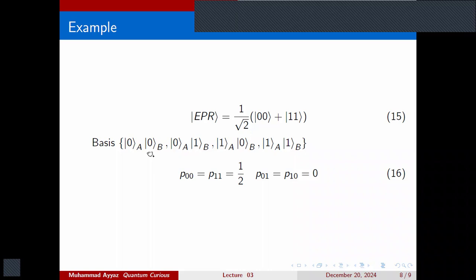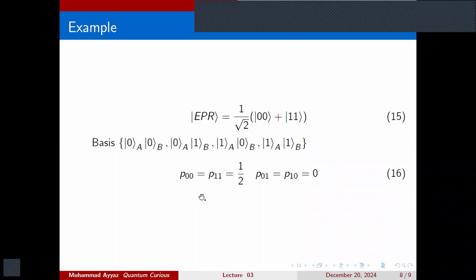We take the inner product of each element of the basis with the given state one by one, and we get the resulting probabilities of outcomes.